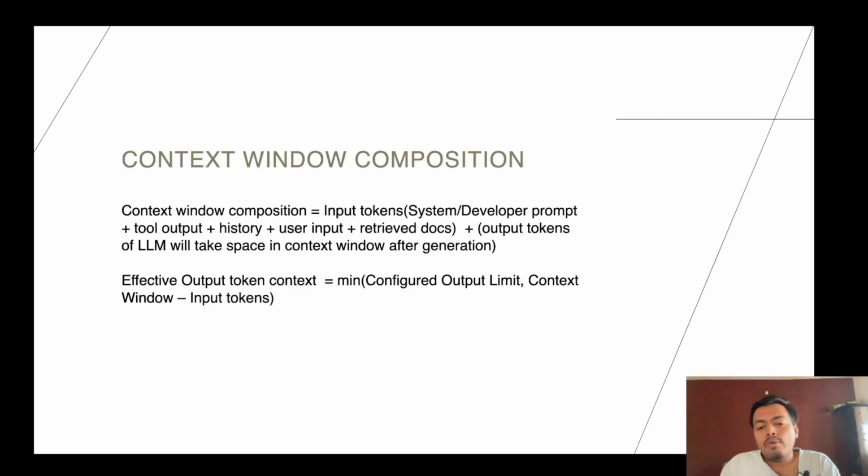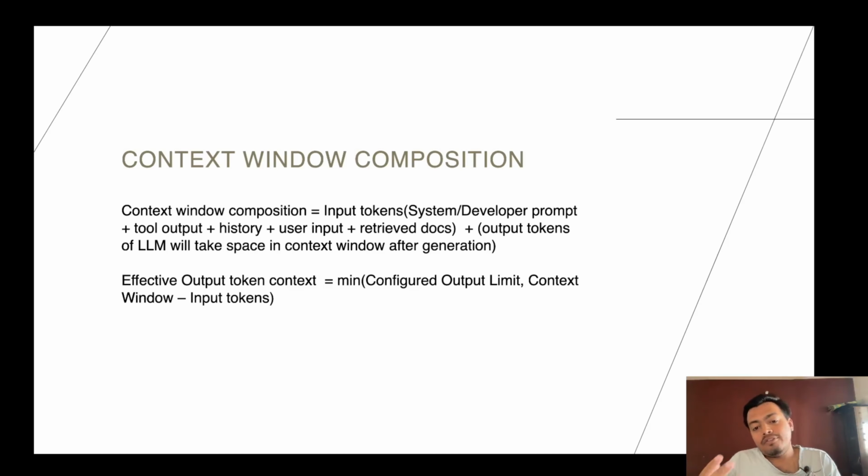Now we need to operate within this 128k context window, and let's say our input tokens have taken 120k. Even if my version of GPT-4o has a max output token limit of 16k, only 8k are available for generating the output.